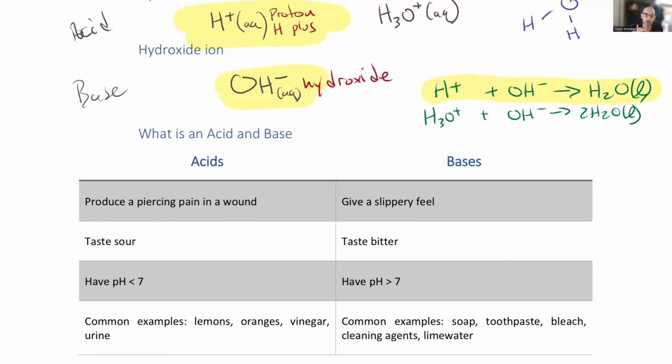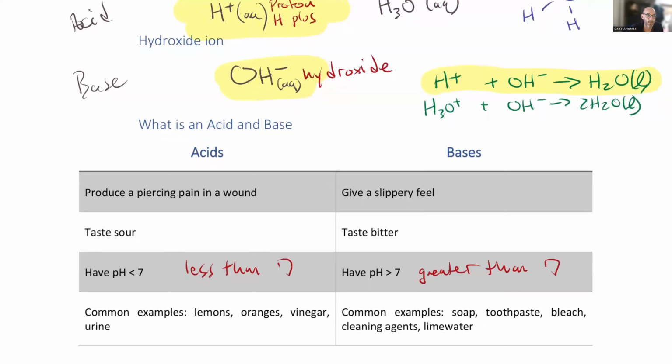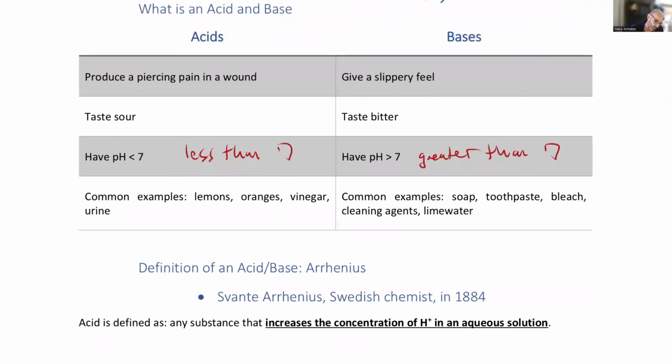And their pHs are greater than 7. Greater than 7 for bases and less than 7 for acids. Okay, so those are acids and bases, H plus and OH minus.